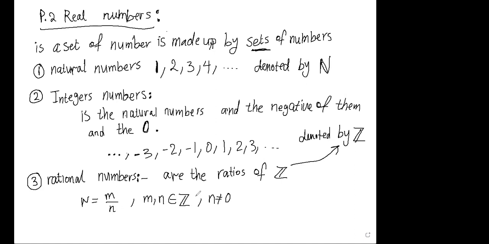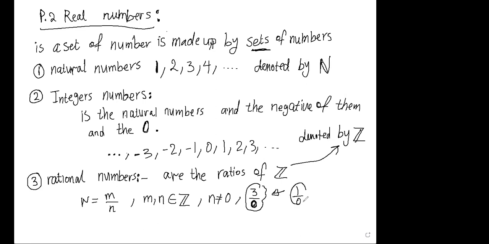Why n not equal 0? Did you see numbers like that before? 3 over 0 or 1 over 0, for example.